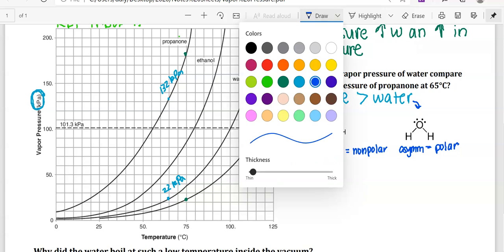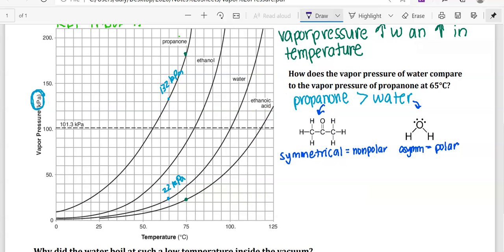Well, let's just quickly review, okay? What type of intermolecular force of attraction does propanone experience? Because it is considered nonpolar, it's going to experience those London dispersion forces.